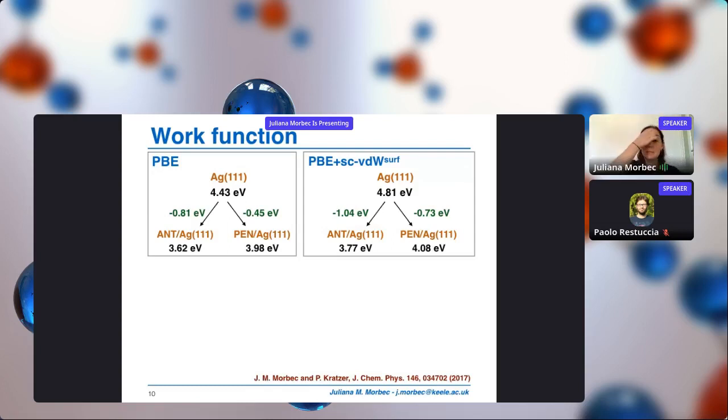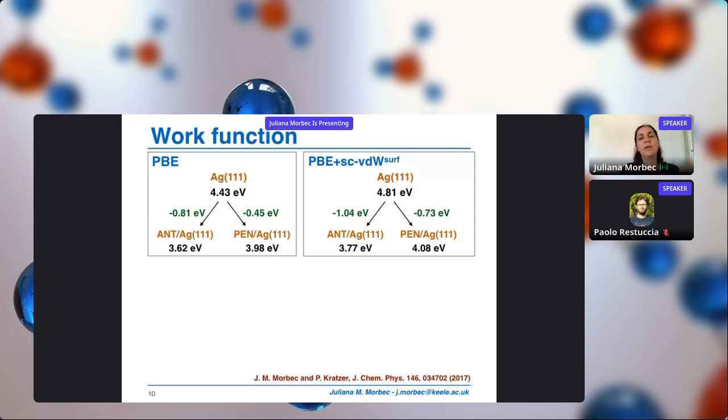This is because the anthracene molecule is physisorbed on the surface. The interaction between the anthracene molecule and the surface is very small, and so the pushback effect of the surface makes a large reduction of the work function.